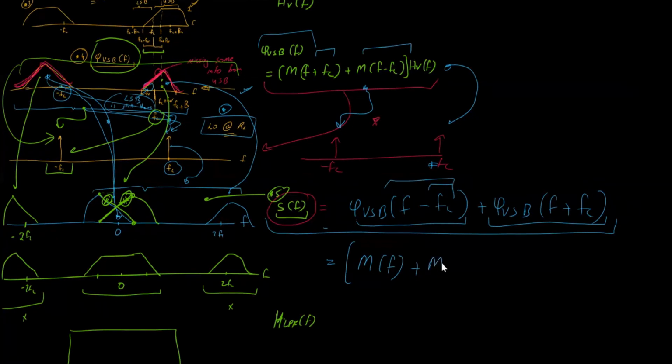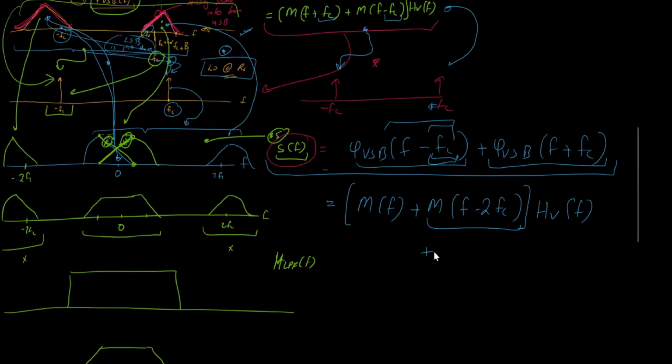So we would have M of f minus 2fc, right? So this minus fc would cancel this minus fc, and this minus fc would add with this minus fc. So you have M of f minus 2fc, right? And at the same time, you have this filtered at the end. So this is HV of f minus fc.